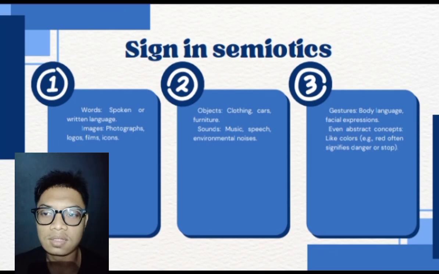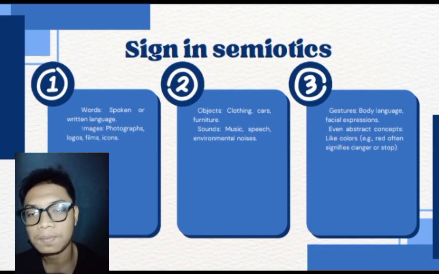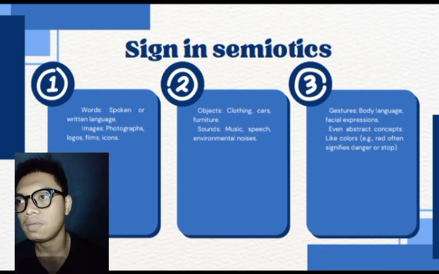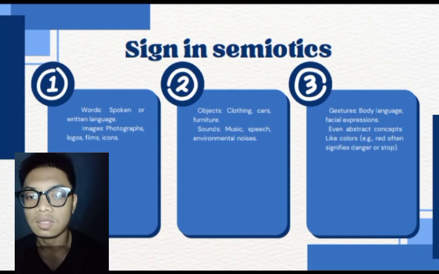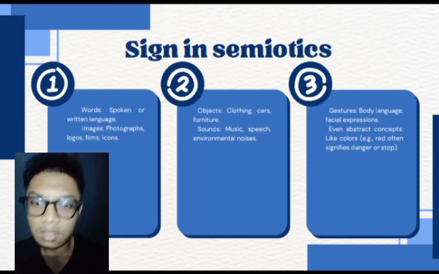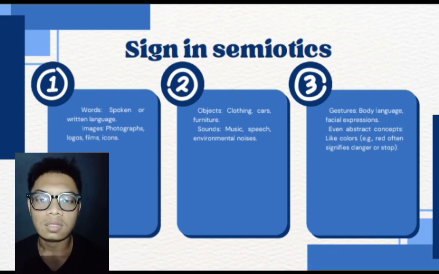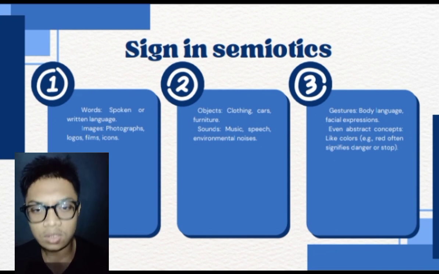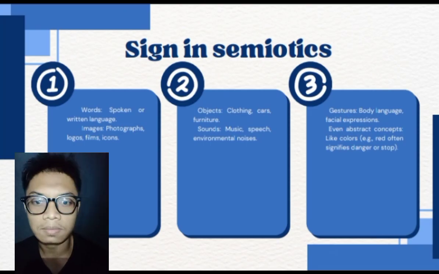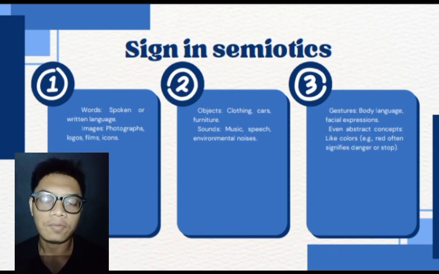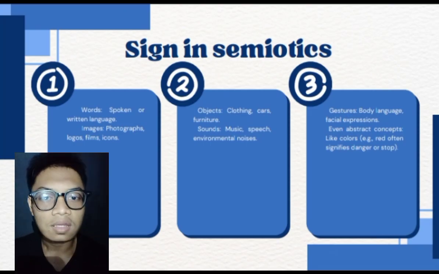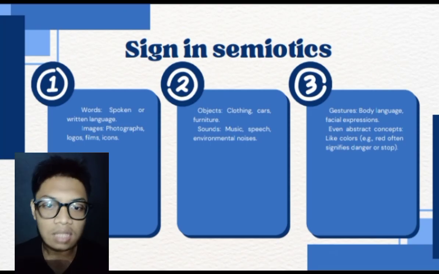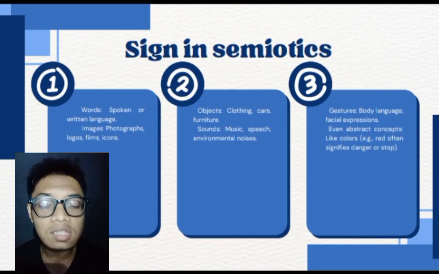Okay, next I will explain how semiotics actually works. Semiotics looks at the relationship between, firstly, the sign itself, second, what it means, and third, how we interpret it.